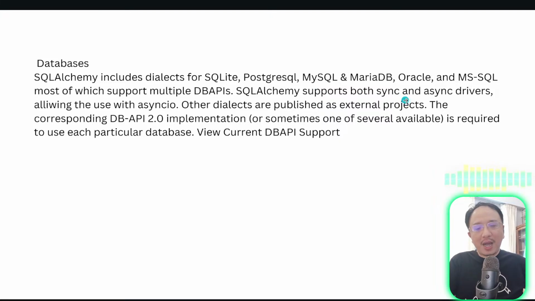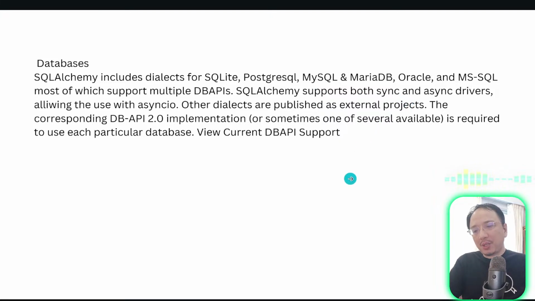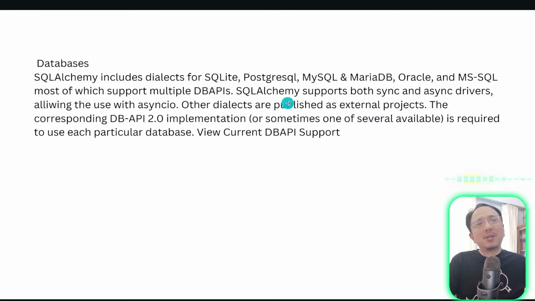Something like ClickHouse is also supported by a third-party package. There are also JDBC or other connection standards, and some databases are supported through those standards. So SQL Alchemy can support more than this.